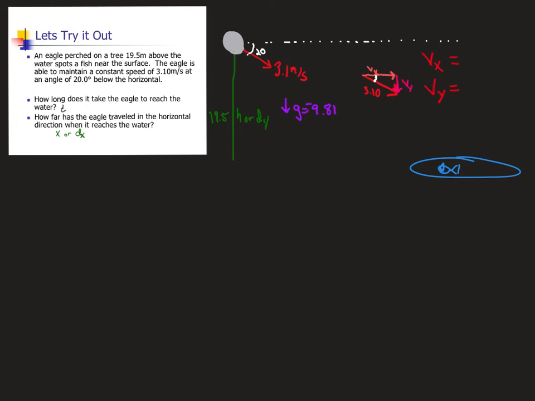Now, because it's below the horizontal, and this is where I think some things didn't work out mathematically last time, 1.06, negative because it's below the horizontal.